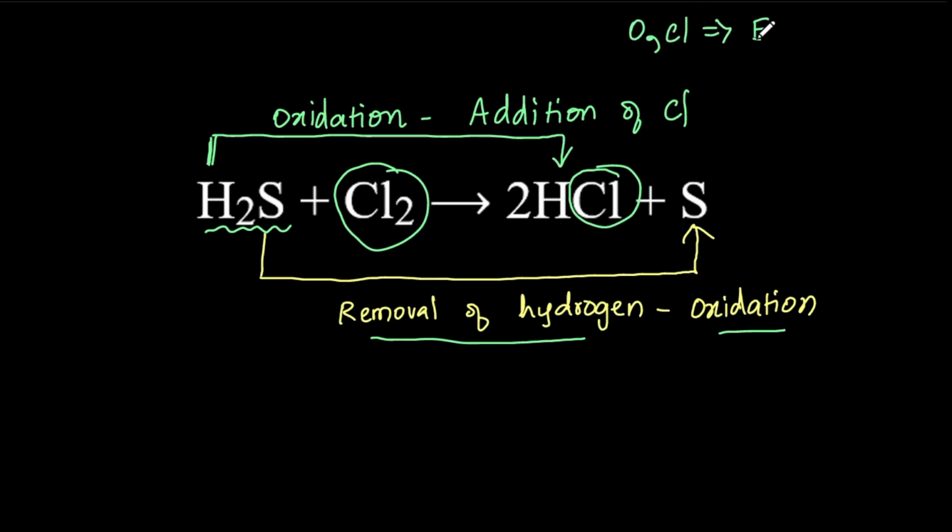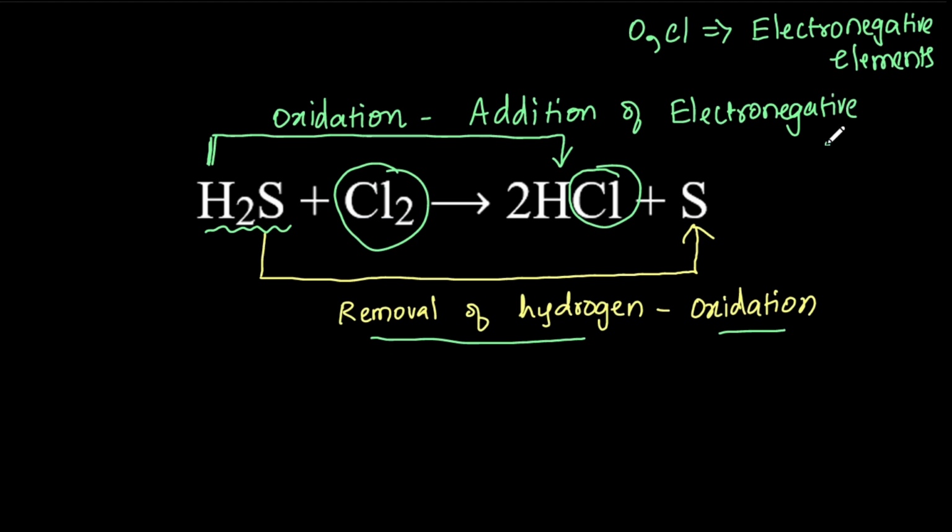Both these elements are electronegative elements. So instead of writing addition of chlorine, we can write addition of electronegative element. So now we have the next definition of oxidation, that is addition of electronegative element.